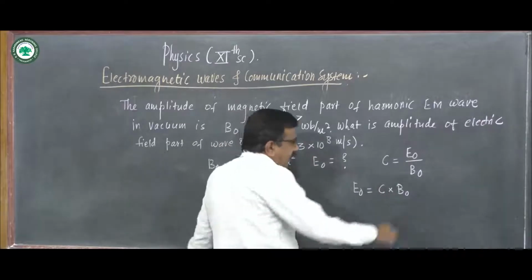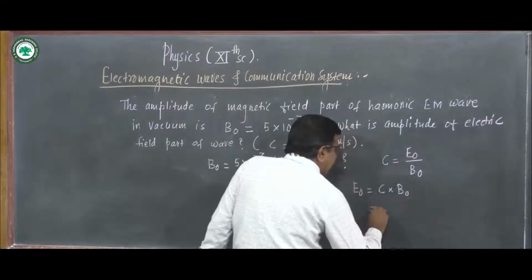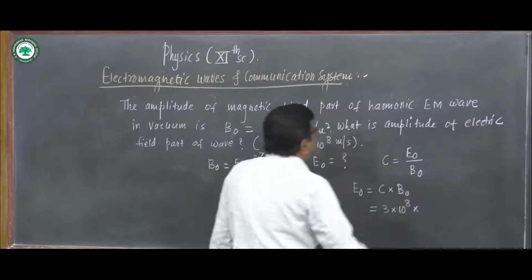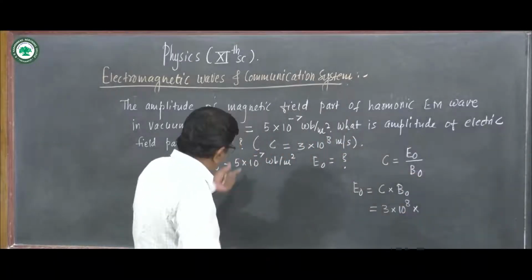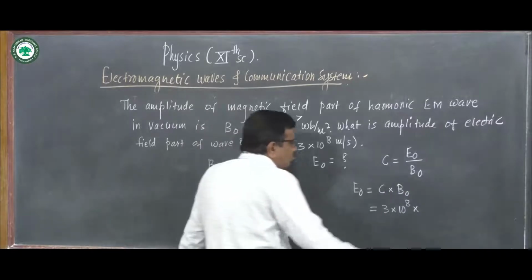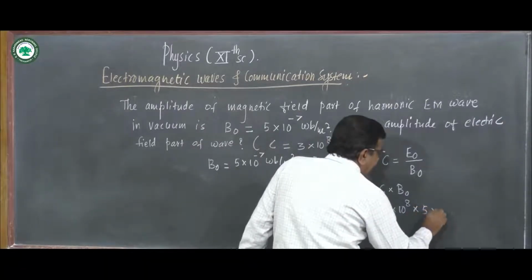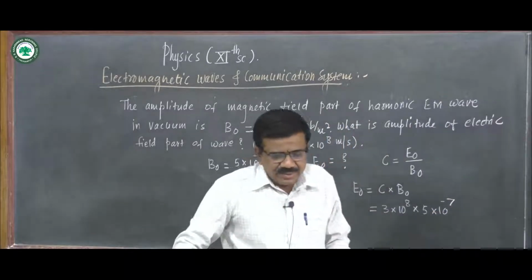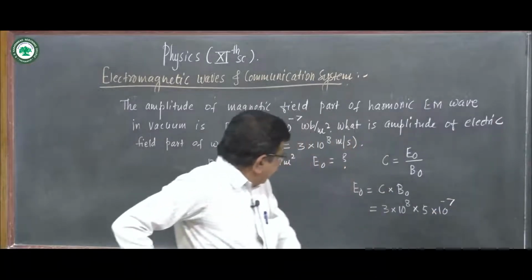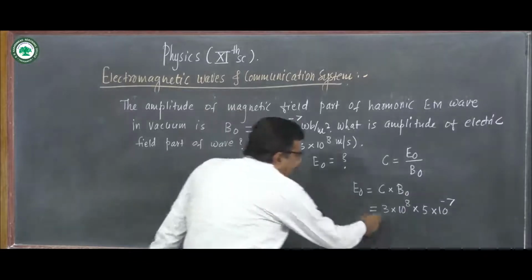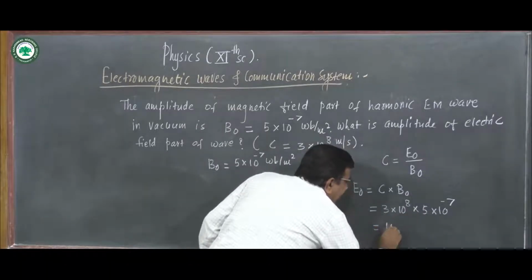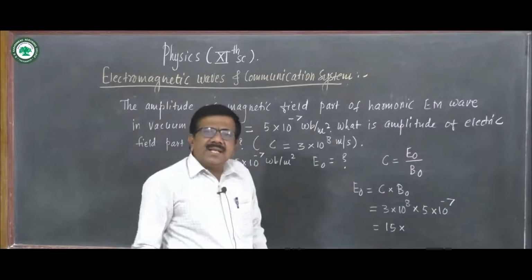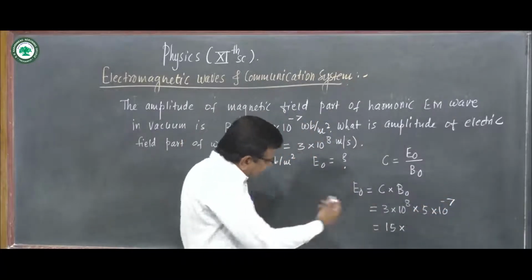Substituting the values, 3 into 10 raised to 8 multiplied by B0, which is 5 into 10 raised to minus 7. 3 into 5 is 15, into 10 raised to 8 minus 7, that is 10 raised to 1, which is 10.